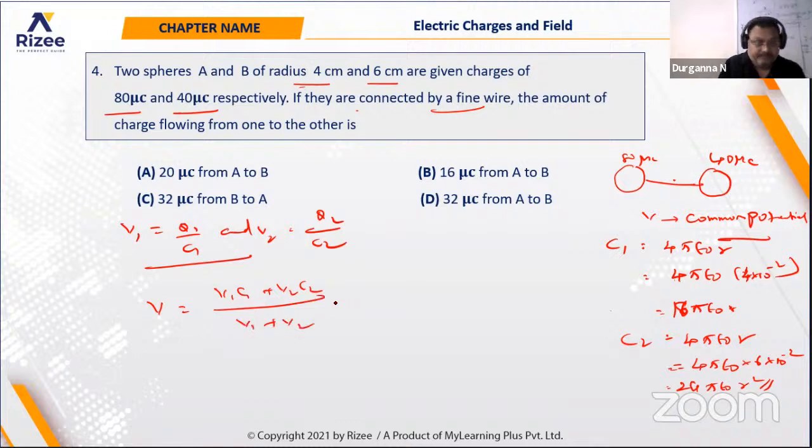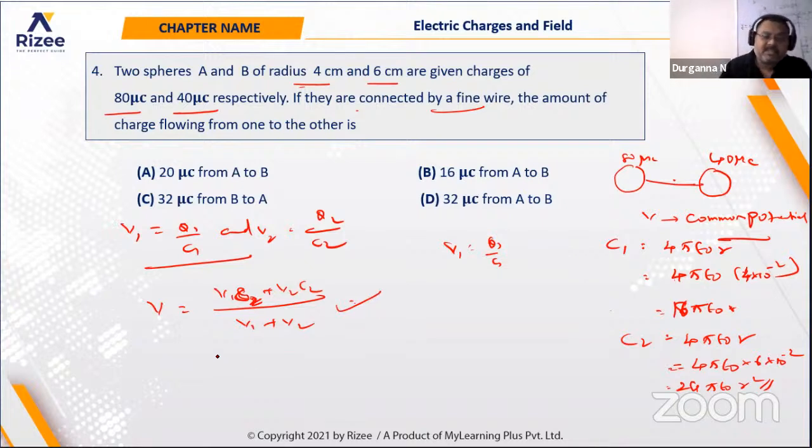This is your relationship, please. Substitute the potential of the first one by calculating V1 is equal to Q1 by C1 and the capacity of this one, C1, C2. So substitute these values, you can get the common potential also here.